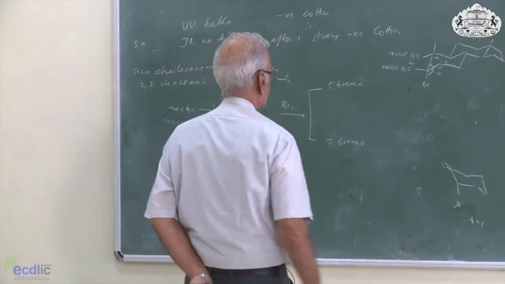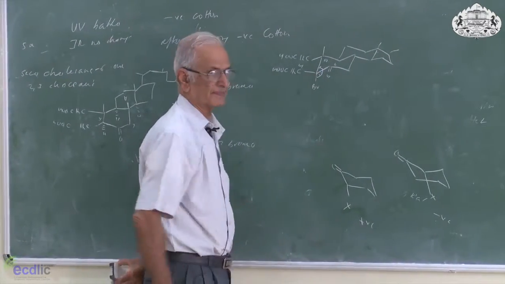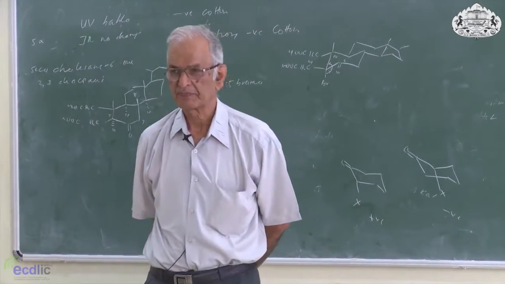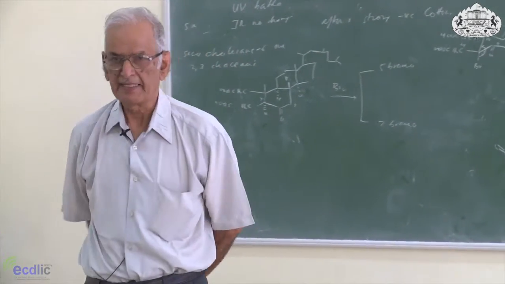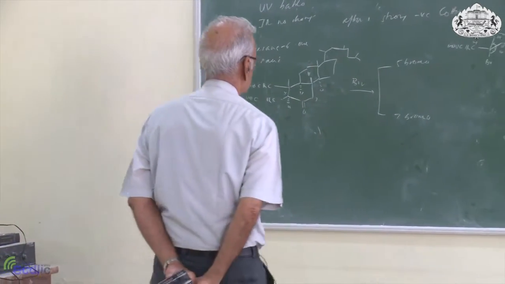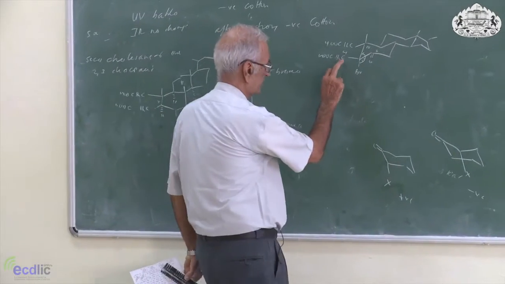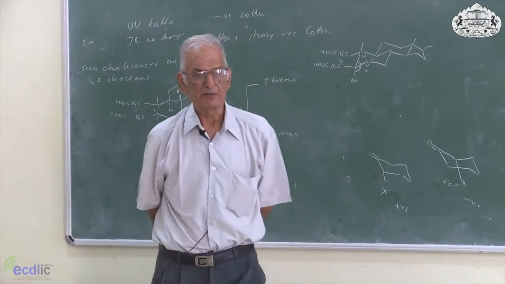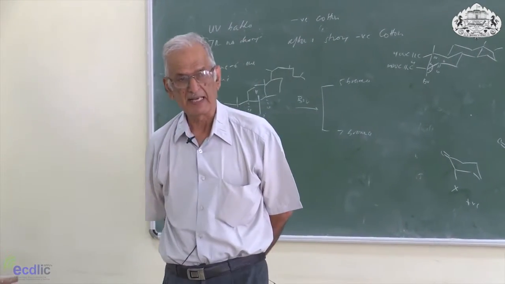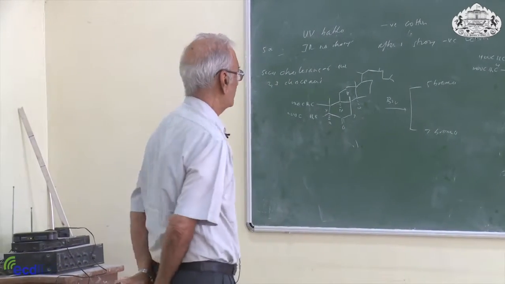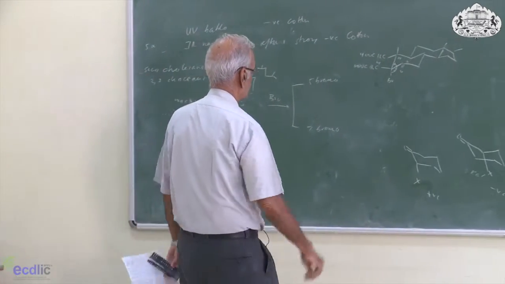So, that's the picture. It describes an anti-clockwise direction. Where is the group last in priority? The group last in priority is above. Therefore, that's your R absolute configuration.